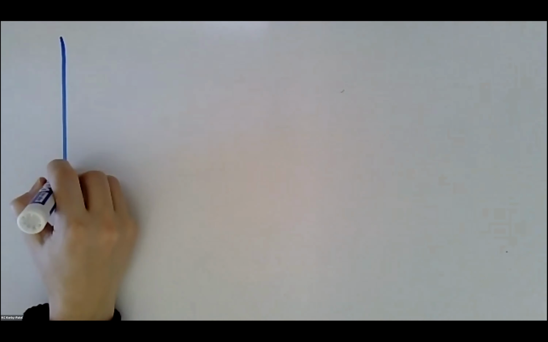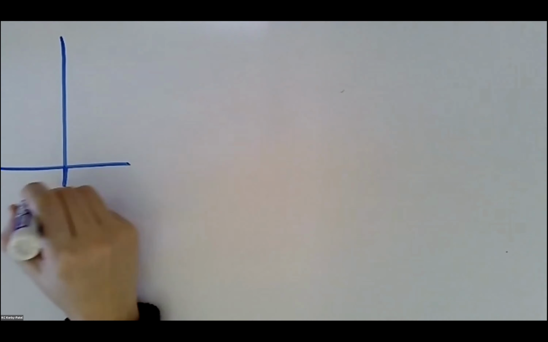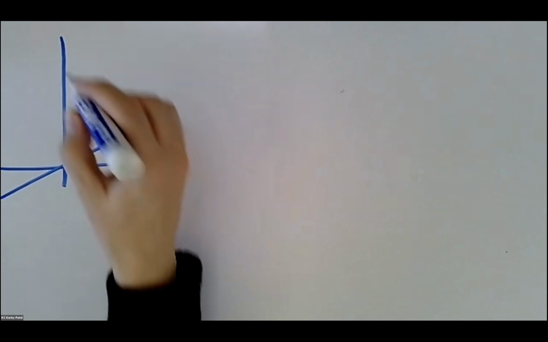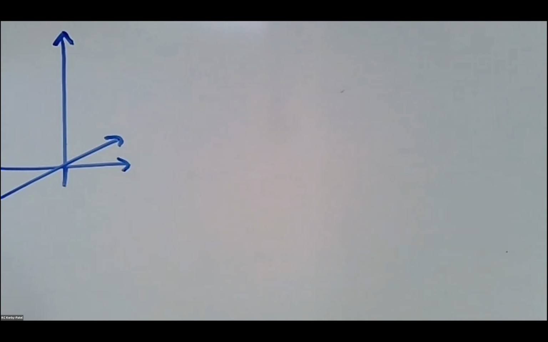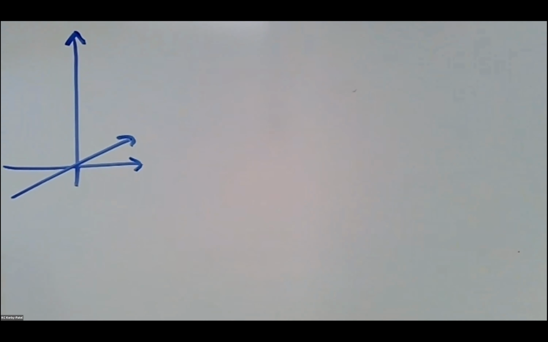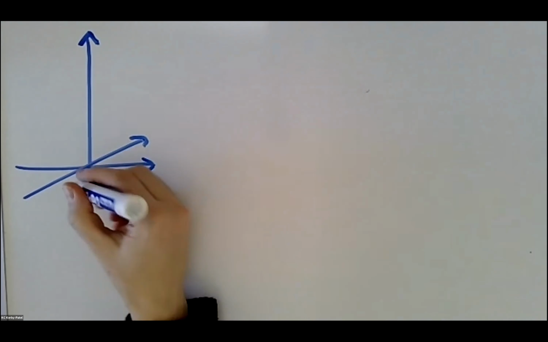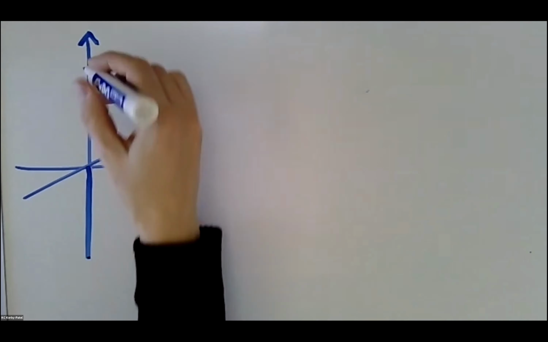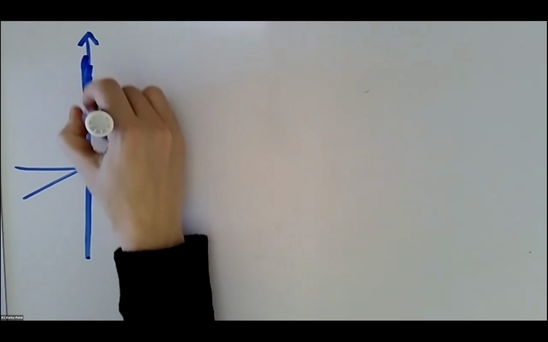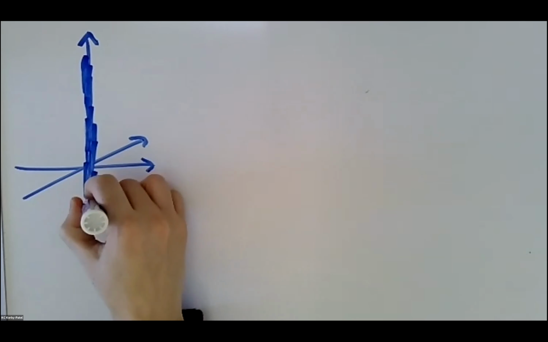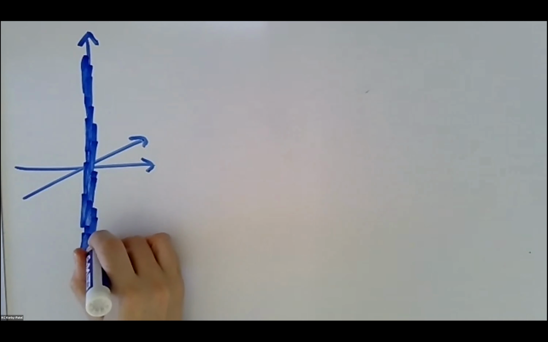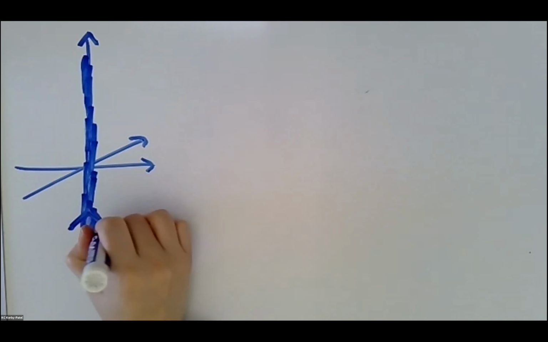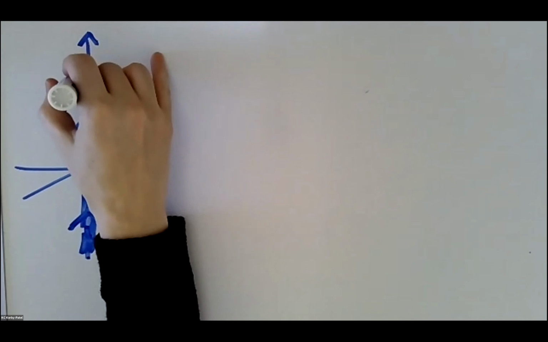So we're asked, first I'm going to draw my coordinate system because that's what I always do. And what we're asked to do is find the magnetic field due to a uniform line current density. So I'm just going to scribble on this to denote that there is a current there also. It's pointing in the plus z direction.